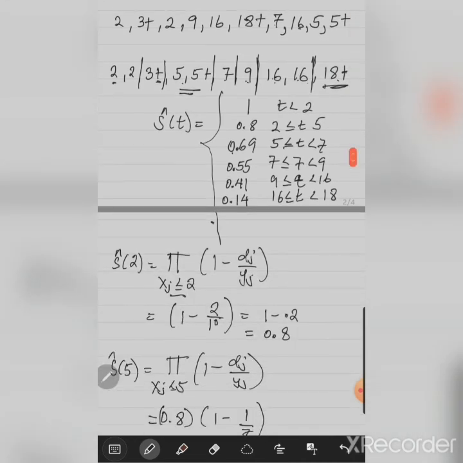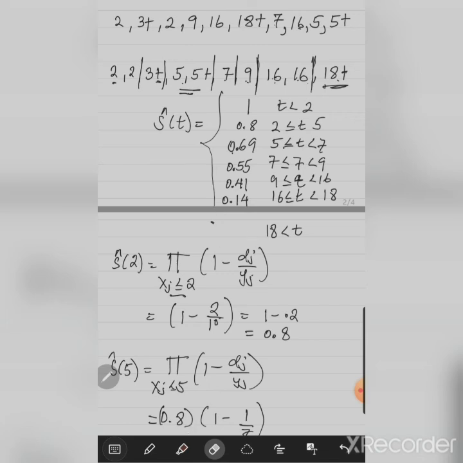And for our t greater than 18, we can either do a tail correction and say that any value that's greater than the last value is going to go to 0, or sometimes they use the t max and it's going to continue at 0.14 and it will never reach 0, or some people say that this value is never defined.